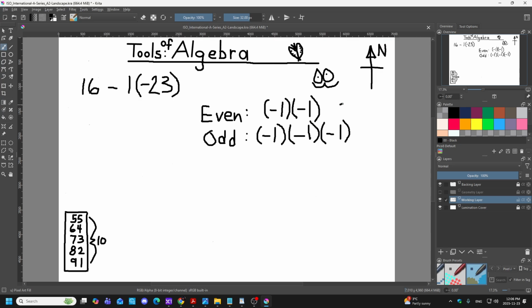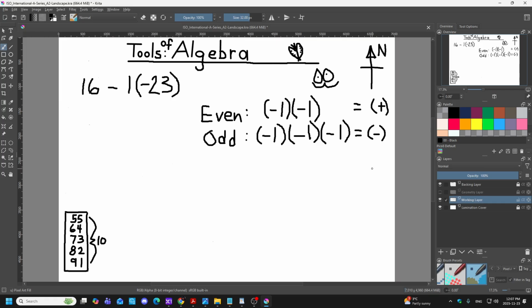So what's the result going to be? I almost wish I gave myself a little bit more room here. I apologize. Okay, with an even number of negatives, the answer or result is always going to be positive. With an odd number, the sign in front of your value, whether it could be a whole number or a decimal or a fraction, is going to be negative.